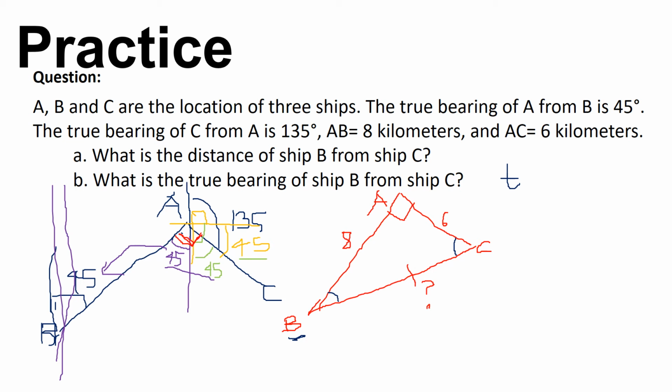We don't use cosine and sine because the hypotenuse is unknown. We use tangent because the opposite and the adjacent sides are given, which is 8 and 6. So tangent of angle B is equal to opposite over adjacent. The opposite of B is 6, and the adjacent side of B is 8.